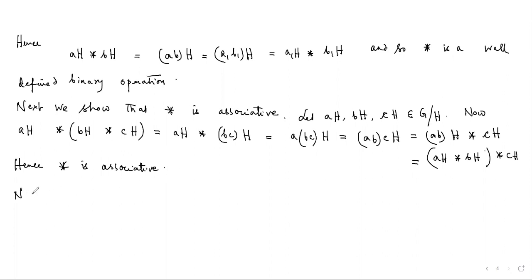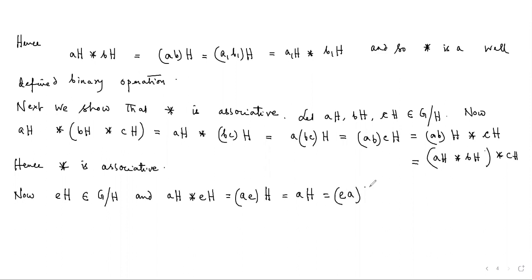Now EH belongs to G/H, and if I take the composition of AH and EH, this can be written as AE H, and AE means A. Again, A can be written as EAH, and this can be written as EH star AH, and which is true for all AH belonging to G/H.